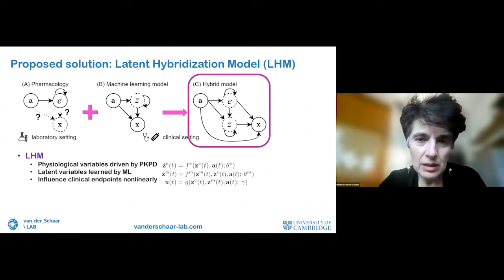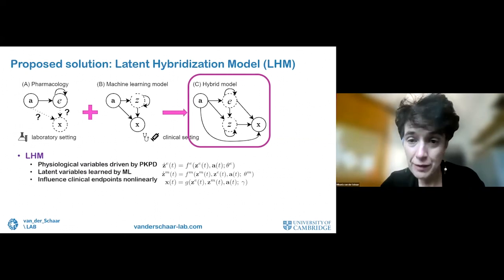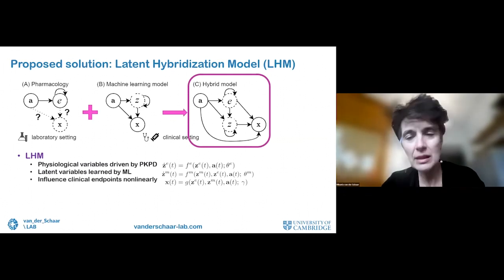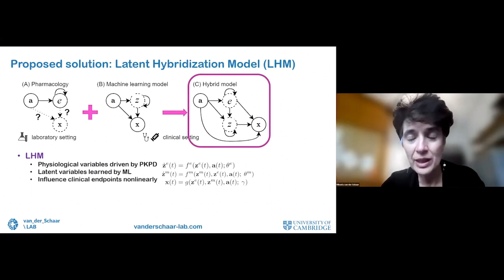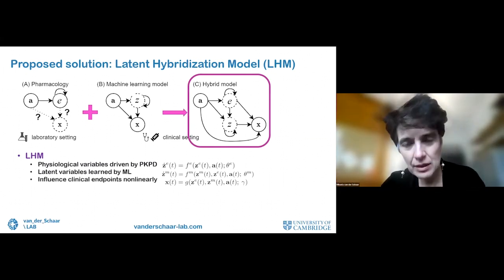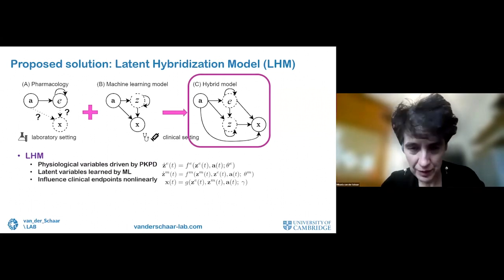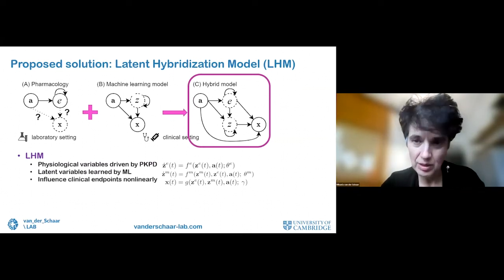Note that in this latent hybridization model, we are able now for the first time to use observational clinical data to learn both the evolution of the unobservable latent variables and the relationship between the clinical measurements and all the latent variables. And these latent variables include both expert variables from the pharmacological model, as well as other latent variables about the state of the patient, such as, for instance, their comorbidities or other physiological measurements.